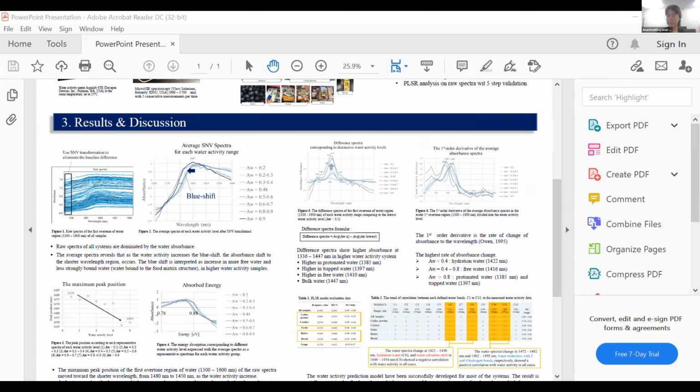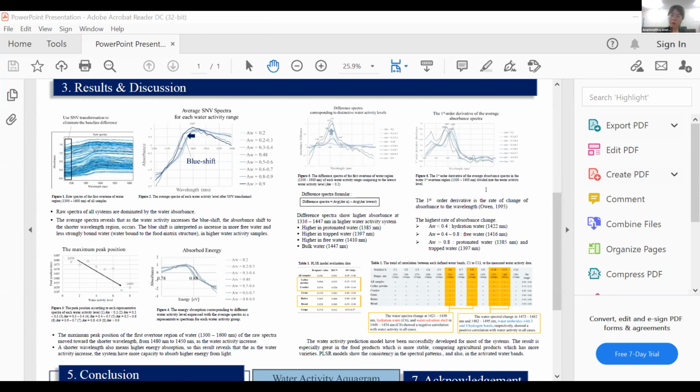In the spectral data, we can see the baseline difference, which depends on the sample. We calculate the average SNV spectra as the representative spectra of each water activity range. It shows the blue shift in the water activity order. In the difference spectra, we can see that the free water and loosely bound water region increase together with higher water activity. The first order derivative of the average absorbance spectra also showed clear dependence on the water activity range.